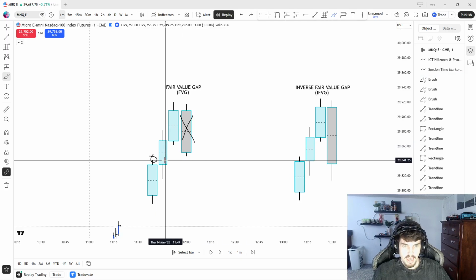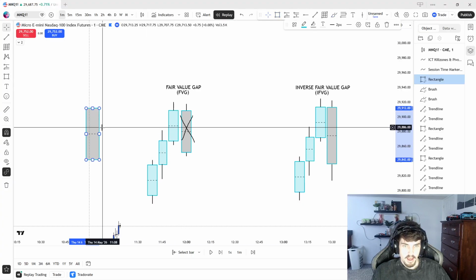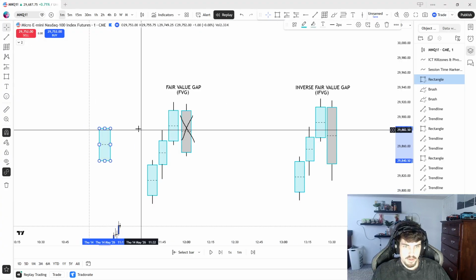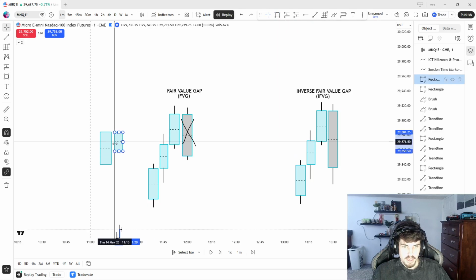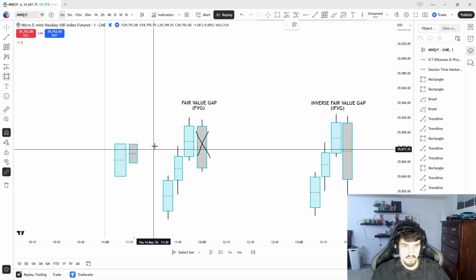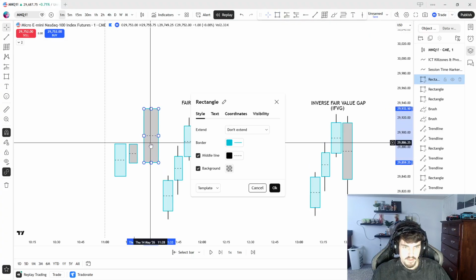And now the colors of the candles in this formation do not matter. You could have a couple of bullish candles that are blue, and then in the middle you could have a bearish candle as well. We do not care about the color of these candles. However, I don't think it'll work if we have it like this.